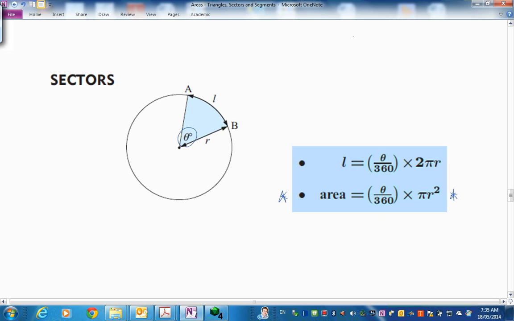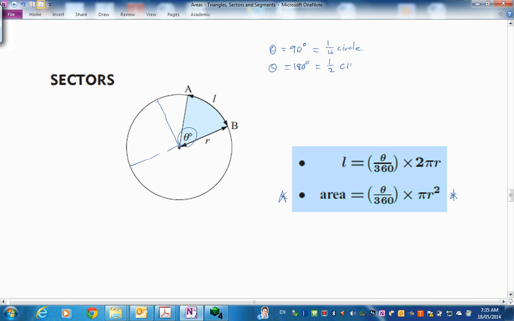Let's do some playing around here. If theta was 90, you would have a quarter of a circle, wouldn't you? Theta is 90 would be a quarter of a circle. If theta was 180 degrees, right around there, everybody knows that's half a circle.